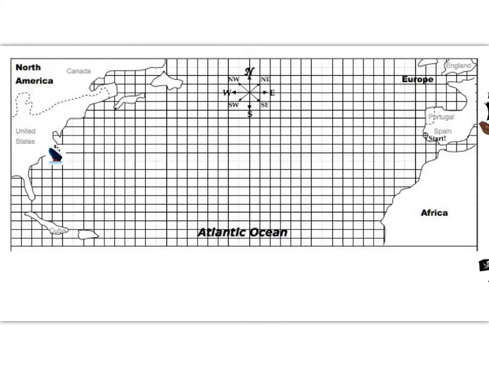Okay, now it's time to put this all together. So let me go back and draw my axis in again one more time. There's my x-axis and my y-axis. So with the current and the power of the ship, I'm traveling east 400 miles and south 100 miles.